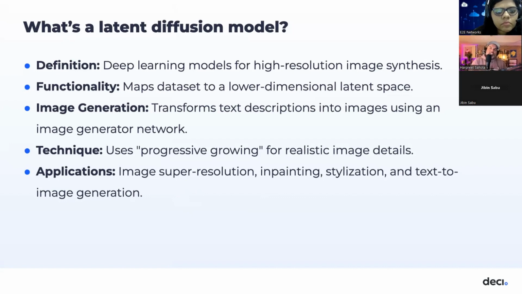One interesting thing is a technique they use called progressive growing. A latent diffusion model can be trained on a set of low resolution images, and then gradually, as the training process progresses, you can increase the resolution of the images so that it produces more high resolution outputs.